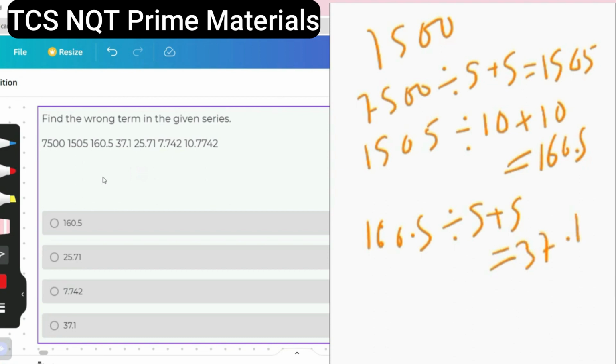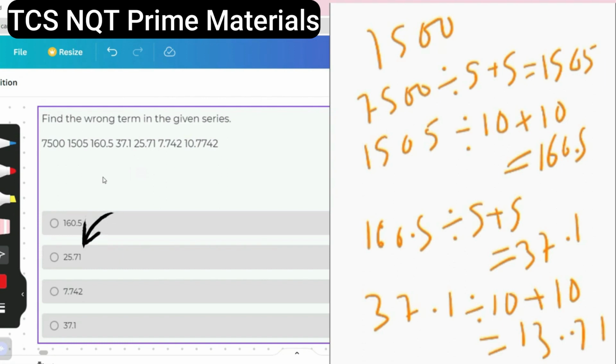And if we do the same in the next step, that means 37.1 divided by 10 and add 10, the number should become 13.71, right? But in this case 13.71 is not present, so the term 25.71 is not appropriate in this series. So option 2, I mean option B, is the correct option.